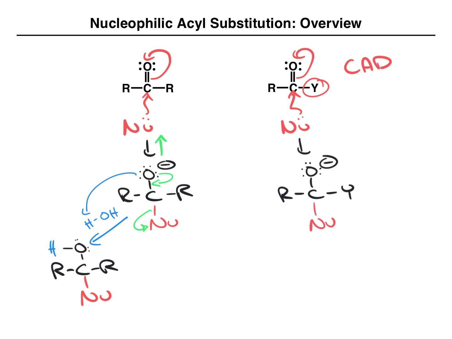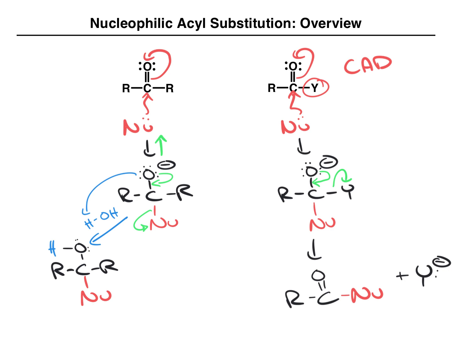Now, there will be a number of differences regarding proton transfer and exactly what the charges are on this intermediate. But the next stage that could happen is that a pair of these electrons on the oxygen can come back in to reform the carbonyl, kicking out the Y group as a leaving group, which would give a new carboxylic acid derivative with the Y group kicked out as a leaving group.